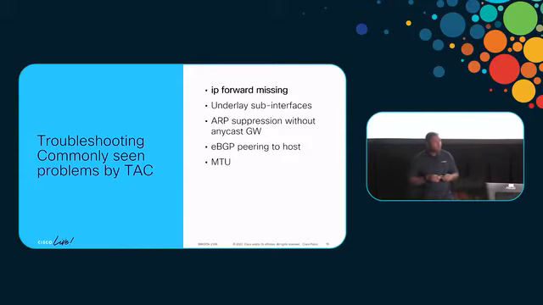So our first problem is going to be the IP forward command. Oftentimes, network engineers will initially deploy their fabric as purely L2 and decide to look into deploying that L3 functionality later, and they'll use an external device to perform their routing between their subnets.